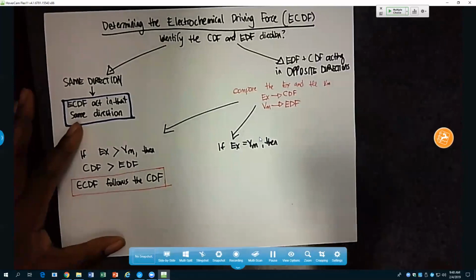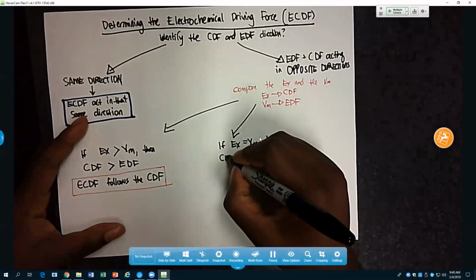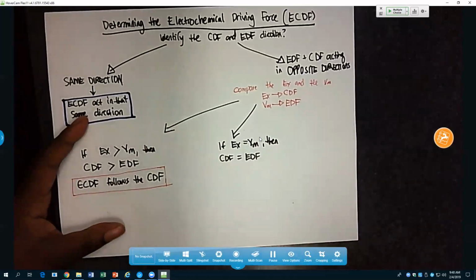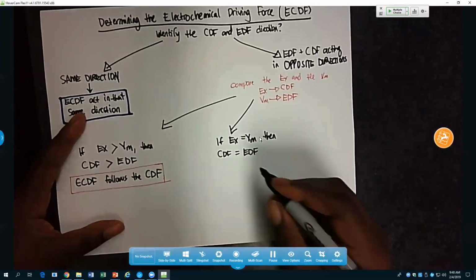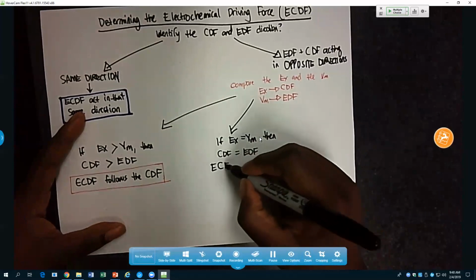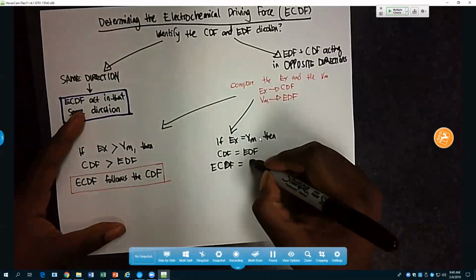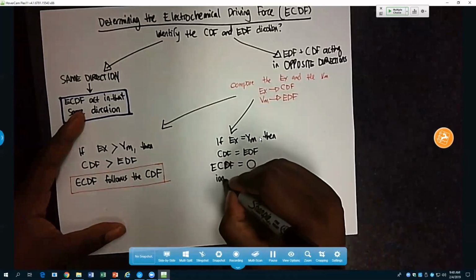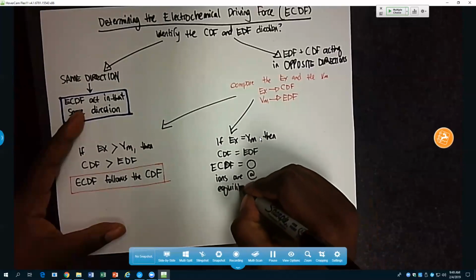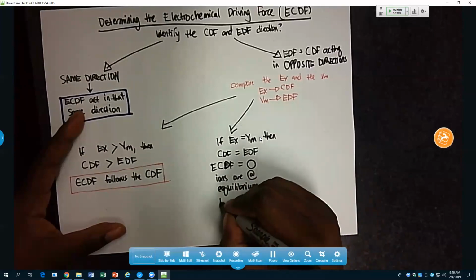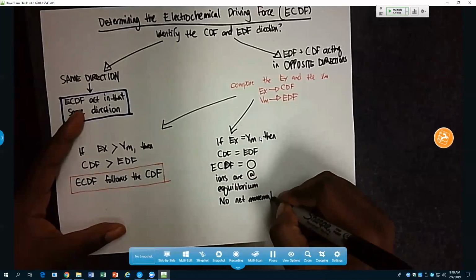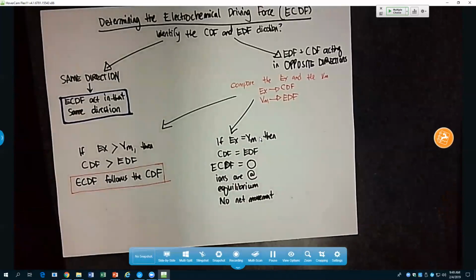Then the CDF is equal to the EDF. The chemical and electrical driving forces are equal, and then the electrochemical driving force is equal to 0, and the ions are at equilibrium. Hence, no net movement.